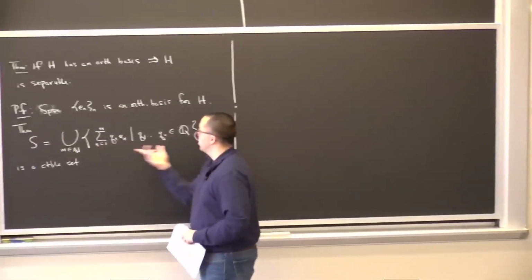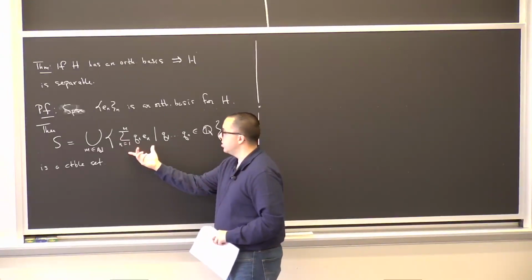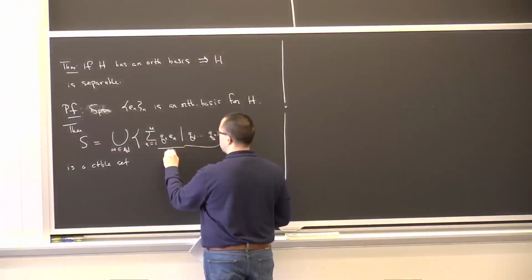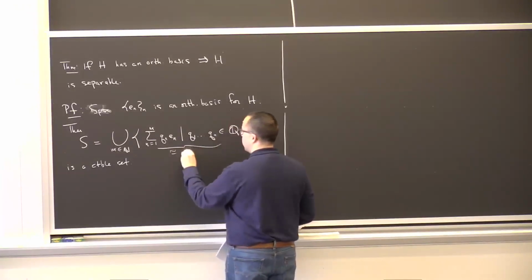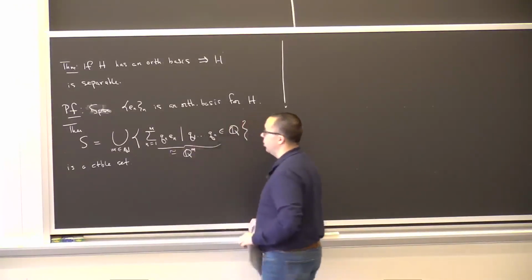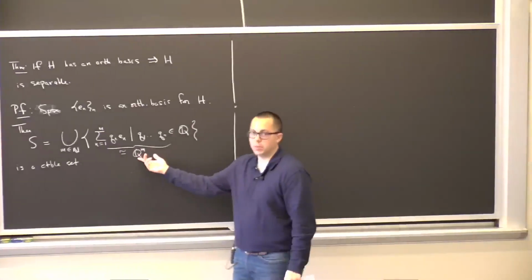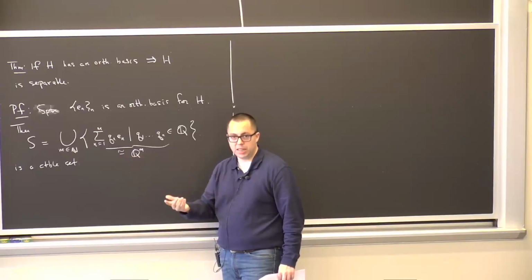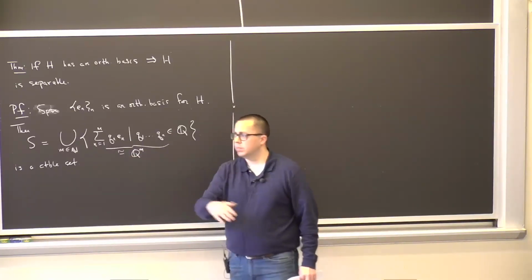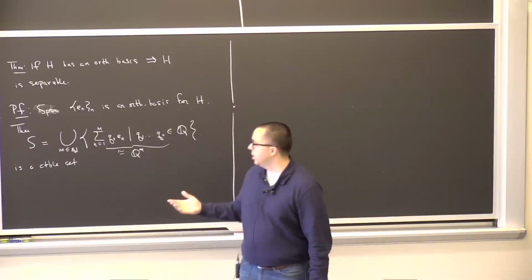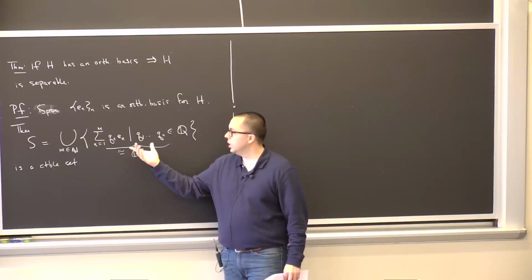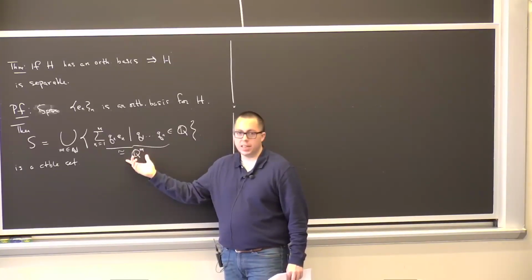Why is that? Well, each of these is in one-to-one correspondence with the m-fold Cartesian product of the rational numbers. The rational numbers are countable, and you proved back in 18100 that any finite Cartesian product of countable sets is again countable.